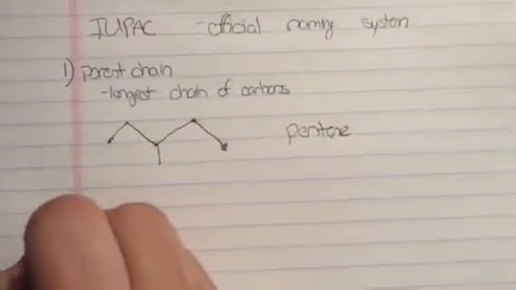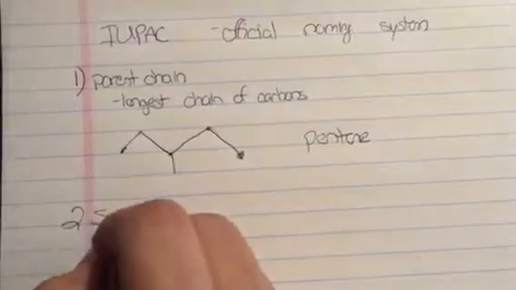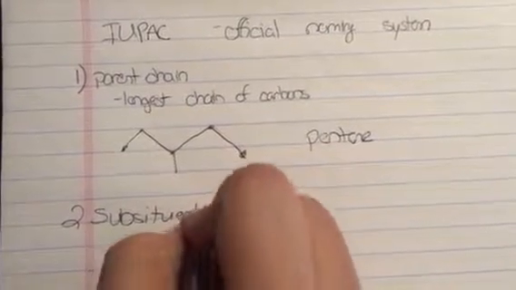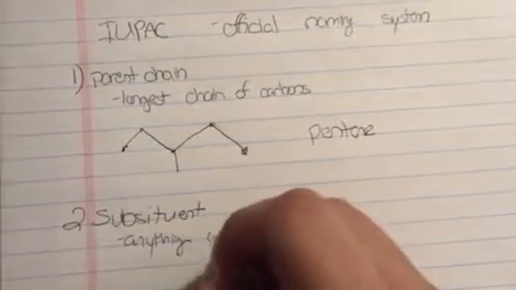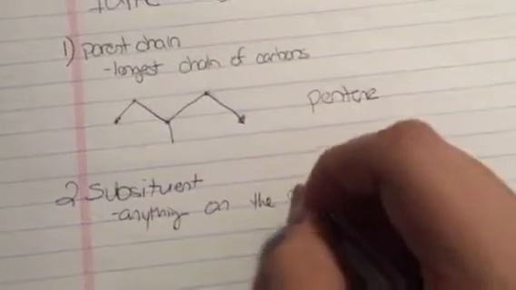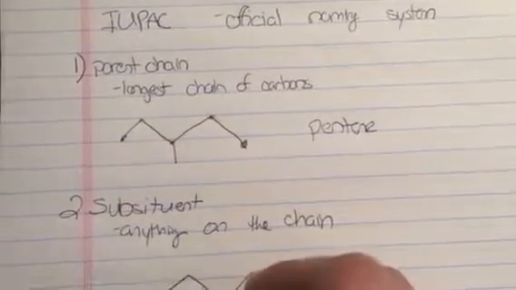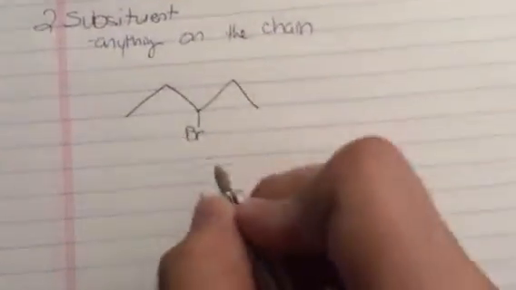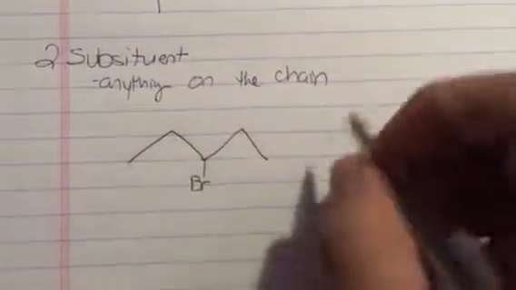Second important rule is you're going to count the substituents. And this is anything on the chain. So if we take our pentane again, and we're going to have a bromine on it. 1, 2, 3.